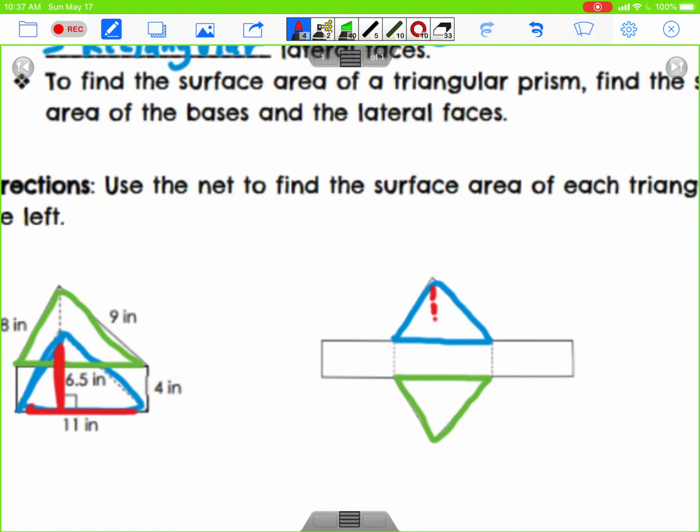A dotted line for my height, 6.5, with a base of 11. Same thing goes for my other triangle. Let's do the dotted line first. It has a height of 6.5 and then a base of 11.